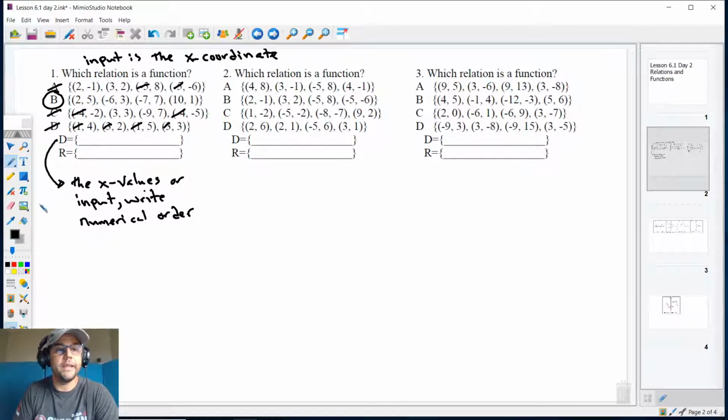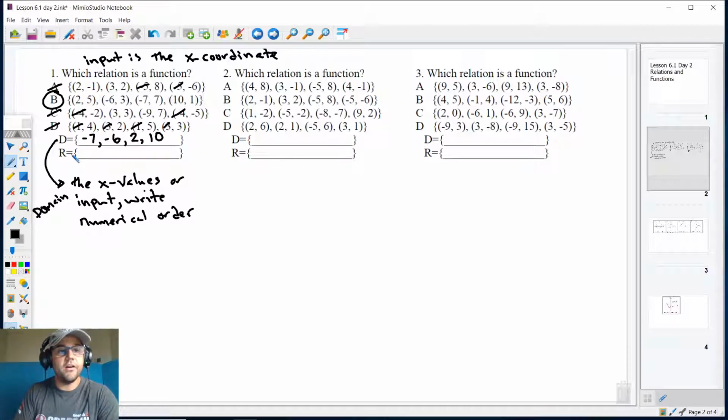D is domain. So let me put it over here. On my answer, I'm going to look at my numbers least to greatest. Looking at the x's, only 2, -6, -7, and 10. So it's obviously going to be -7 as the least, then we progress to -6, 2, and then 10. Make sure you're looking at the domain, which is the x.